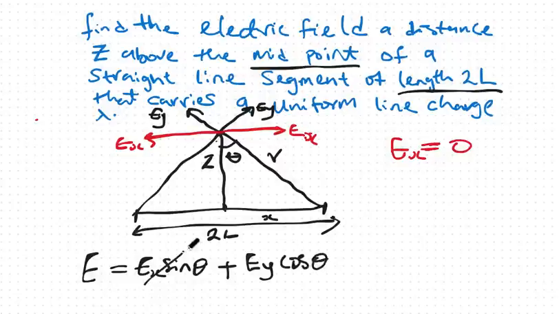But we already know that this part is 0, so we are left with the total electric field being EY cos theta, right?